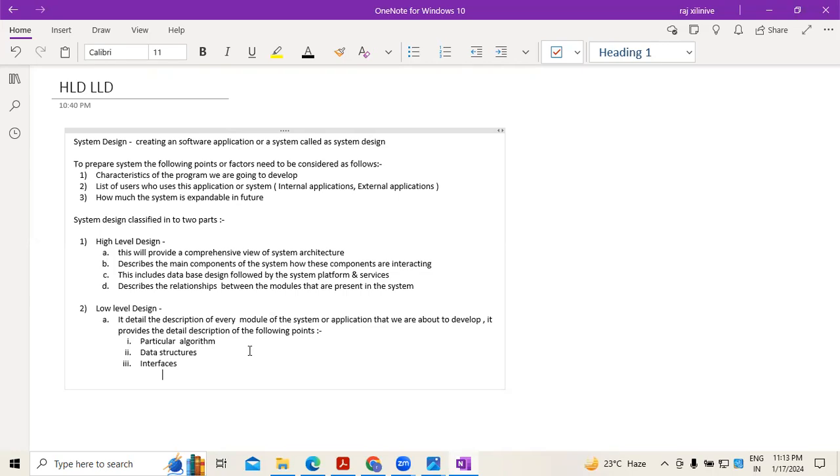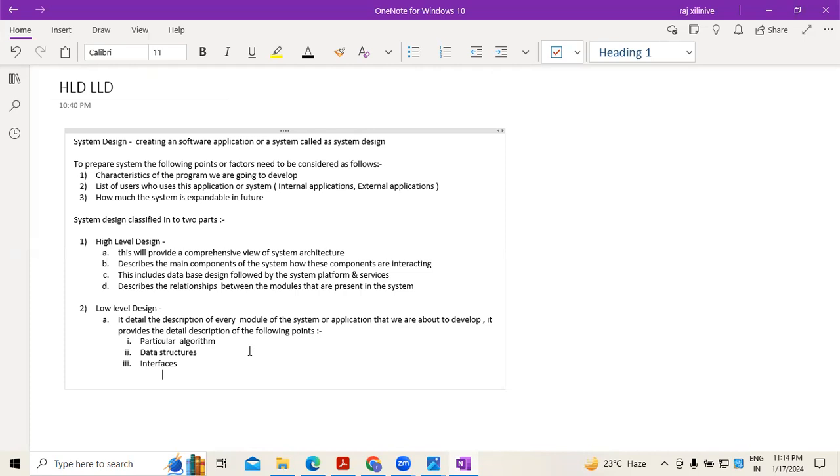For that, what are the particular algorithms we are using for those implementations? At the same time, what are the data structures we are implementing in it? At the same time, what are the interfaces we are creating? Either it can be user interfaces, or if this application is integrating with some other applications or modules, integration, right? So all these things will be used in it.